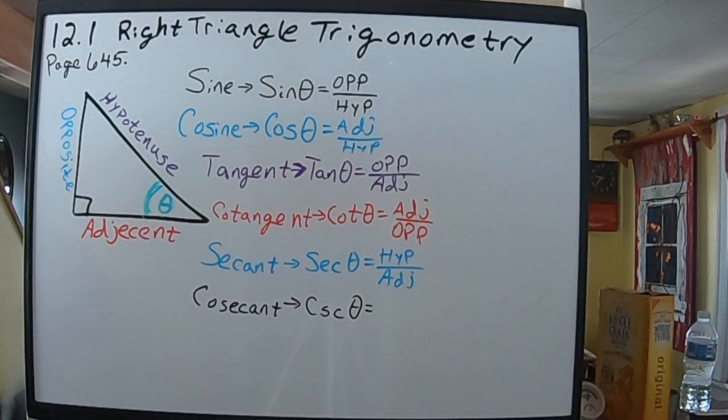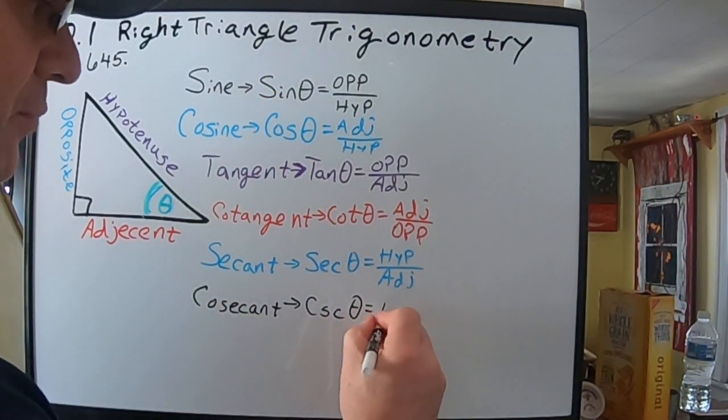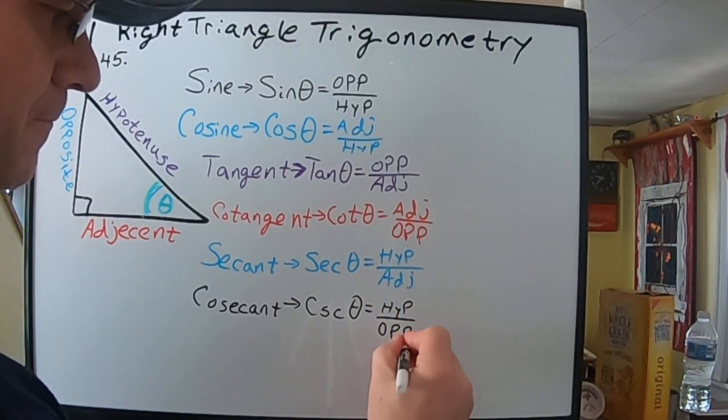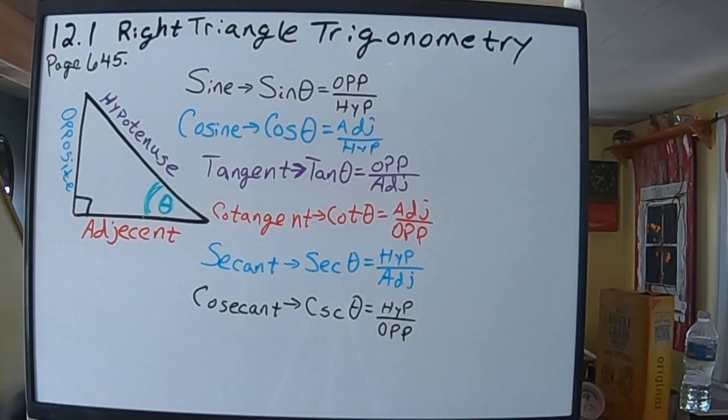And finally, cosecant is the reciprocal of sine, hypotenuse over opposite. So when you're going to set these up, that's the setup you're going to use. This is right in your book, so you can easily find it on page 645. There's also an example right there on 645 for you.